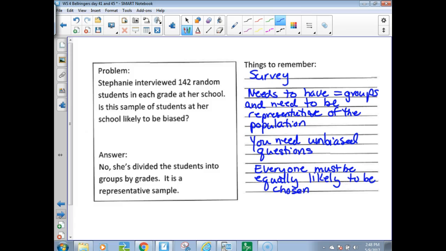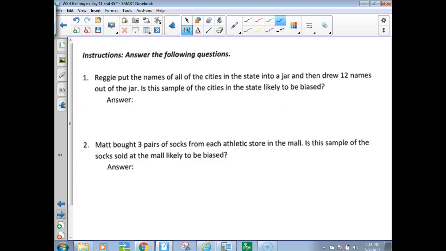Anybody need this still? Wait a second. Okay. Red puts names of all the cities in the state into a jar and then drew 12 names out of the jar. Is this sample of cities in the state likely to be biased? Does that sound like you'd get a biased sampling? No. Okay, good.